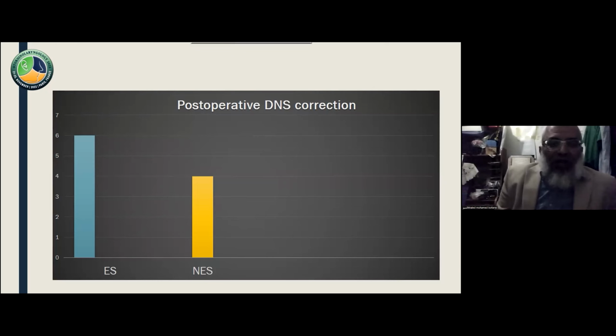The entire nasal septum can be seen completely, including the deeper part of the nasal septum, and this gives the surgeon a chance for proper correction and proper reconstruction as compared to the other, more or less blind, technique.